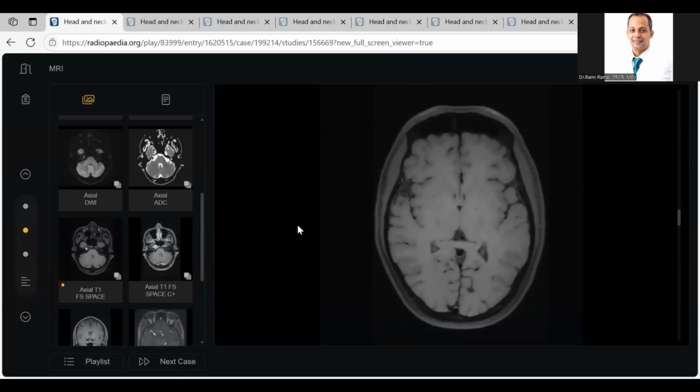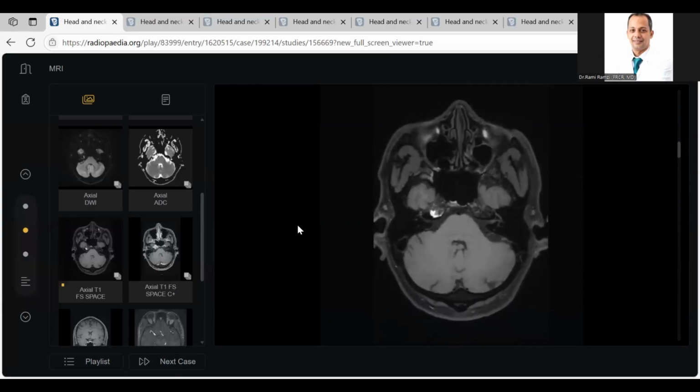See, the CSF is black, and the fat is black. So it indicates which content here? That the lesion does not contain fat because it is not suppressed on fat saturation. So my final diagnosis: I'm thinking about cholesteatoma, right petrous apex cholesteatoma.